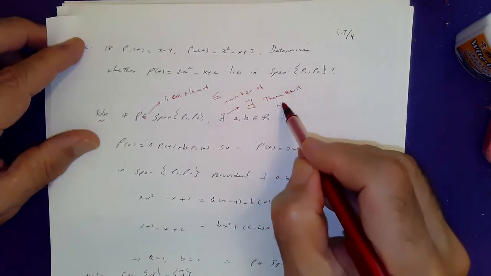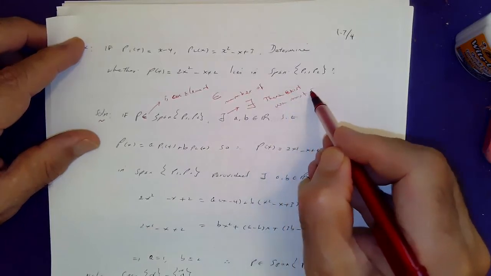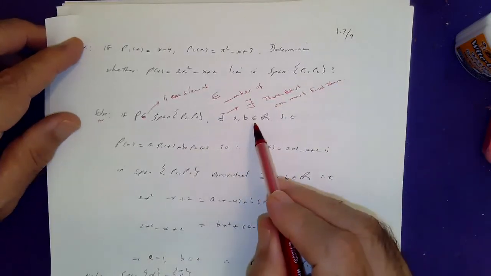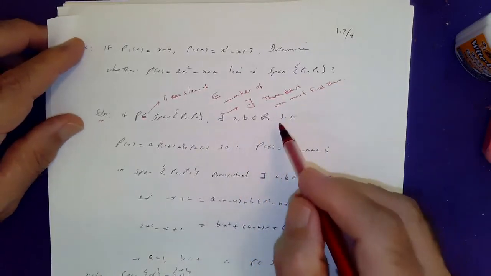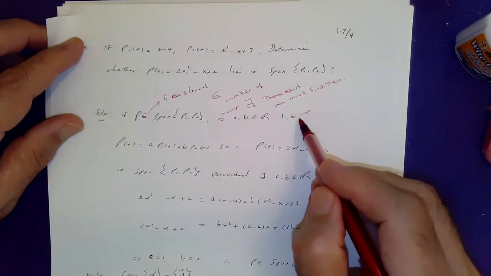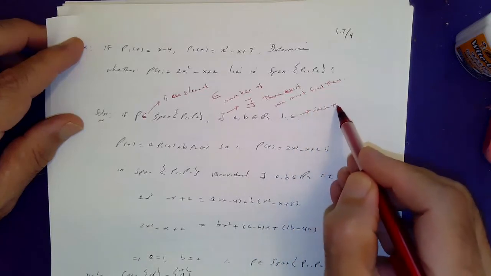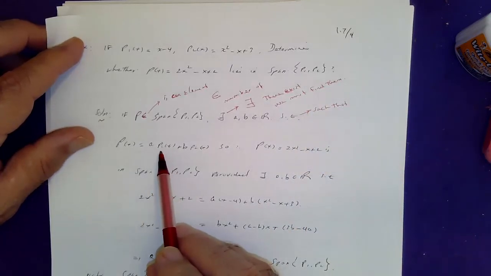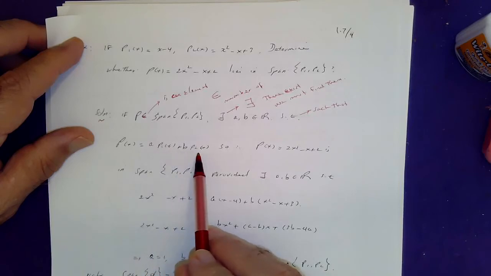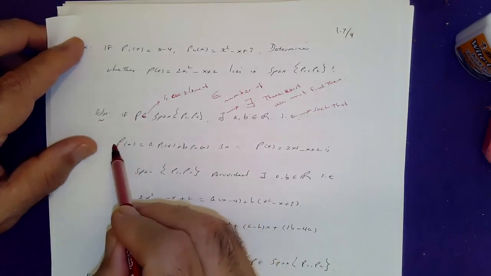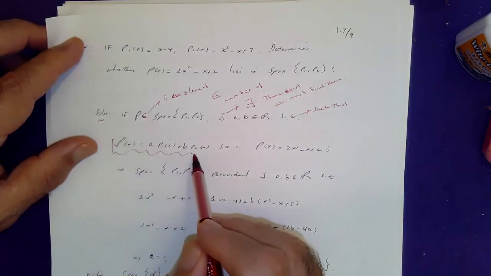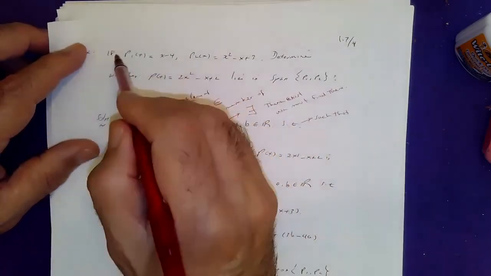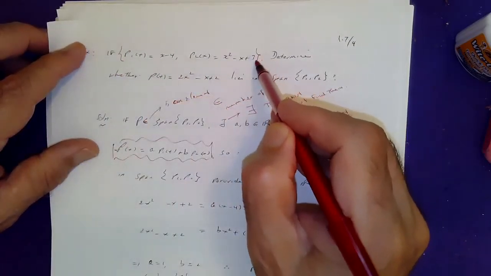That means we must find them. There exists a and b real numbers such that, s.t. stands for such that, a P1 plus b P2 has to be the same as the polynomial which we're trying to see if it lies in the spanning set of these two polynomials.